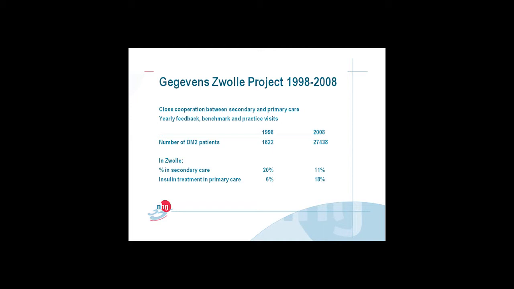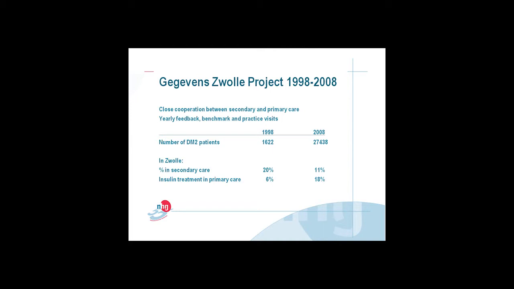The number of patients you see has grown a lot in that time also, and that is the primary care patients. So a lot of secondary care patients shifted to primary care. It meant that primary care had a much higher burden of patients.